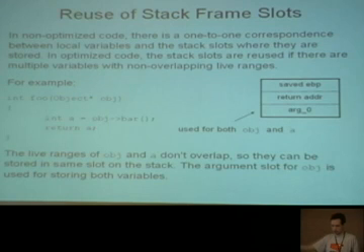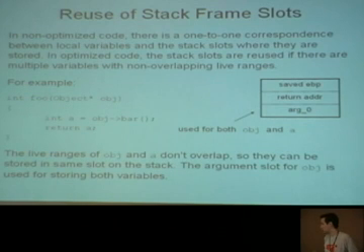And when you see a reference to this place on the stack, you know that this is this variable, and the correspondence is 1-to-1. But if you're compiling with optimizations, then the compiler will calculate the live ranges for each variable. And if it sees that a variable is not needed after a certain point, it can just reuse the same stack slot for some other variable, which saves memory at runtime.